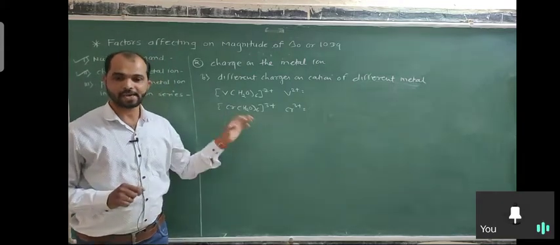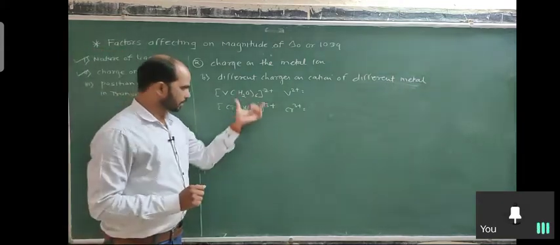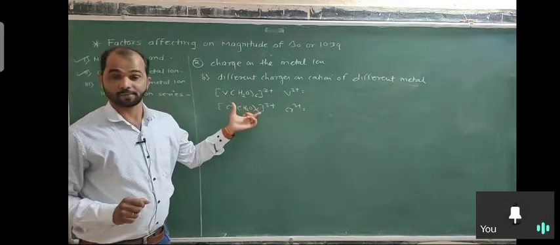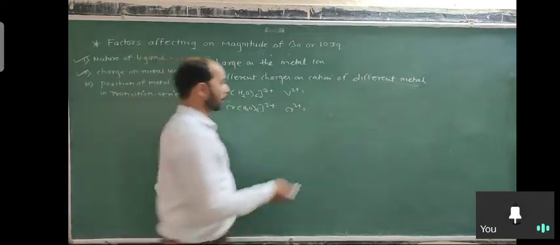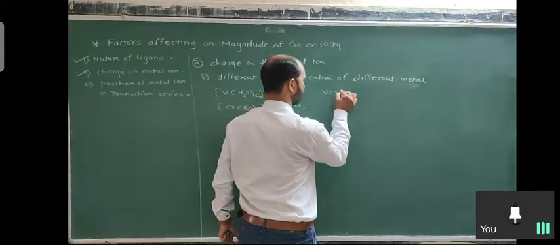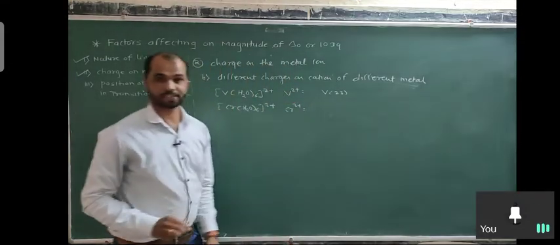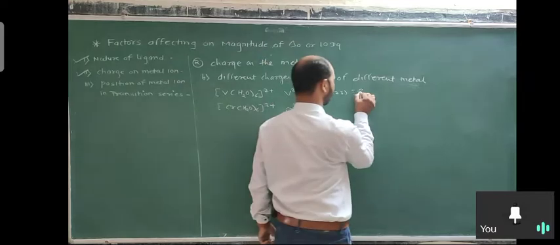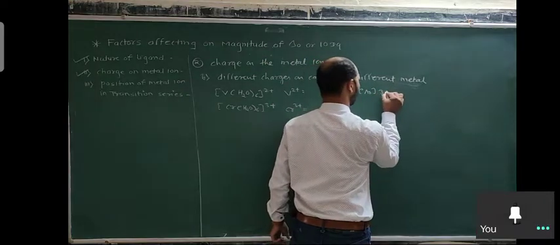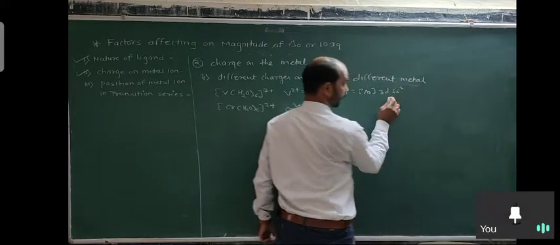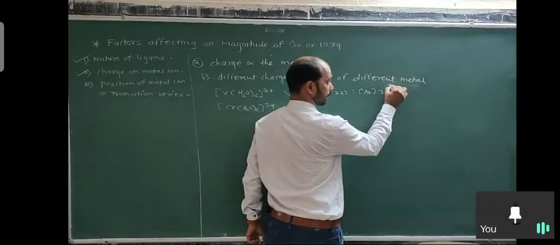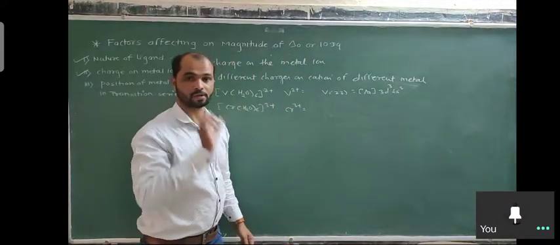So in that case, if you consider, the electronic configuration is the same. Which electronic configuration? You know vanadium has atomic number 23, and if you write the electronic configuration, Ar 3d3 4s2, so here 4s2 3d3 is the electronic configuration.